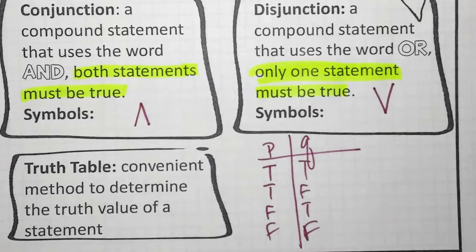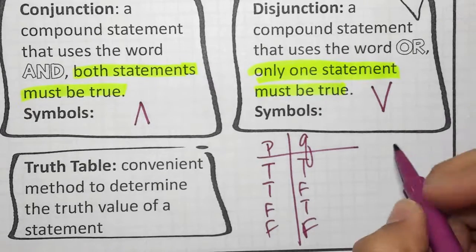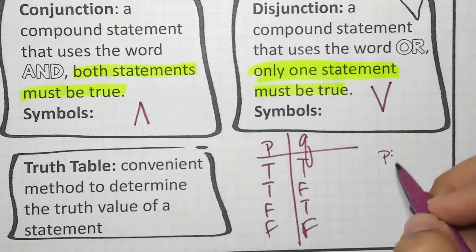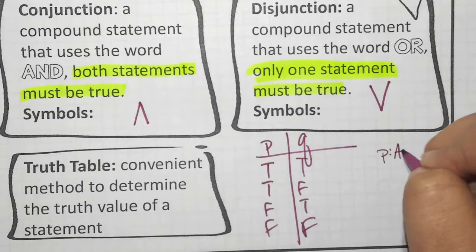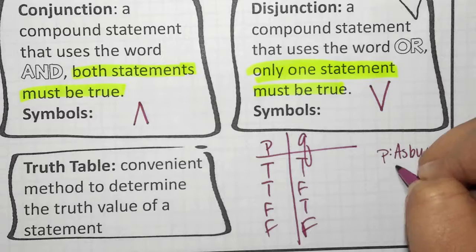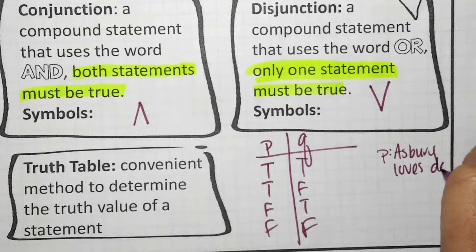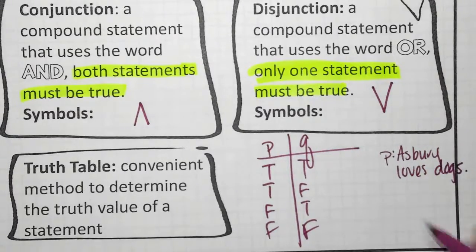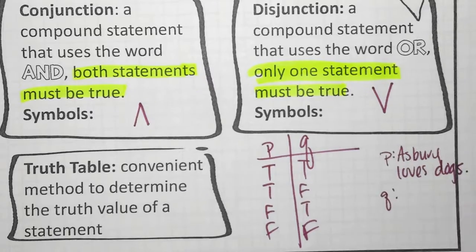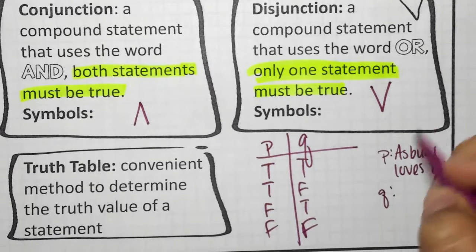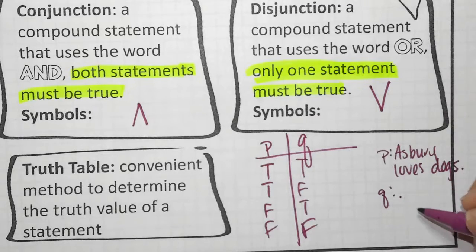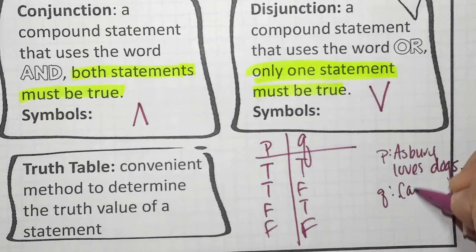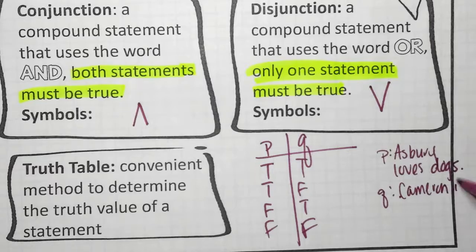So if I gave you two statements, my first statement P will say Asbury loves dogs. And our Q statement is Cameron is annoying.